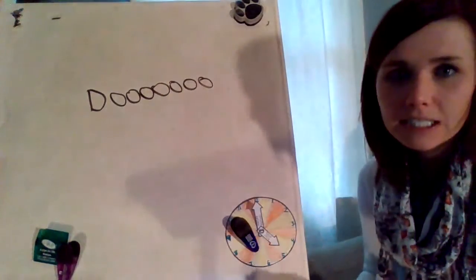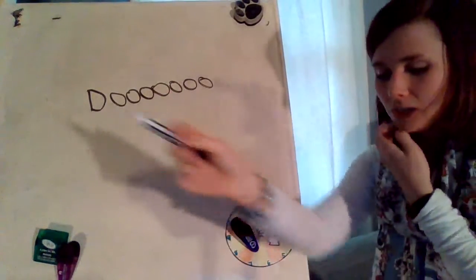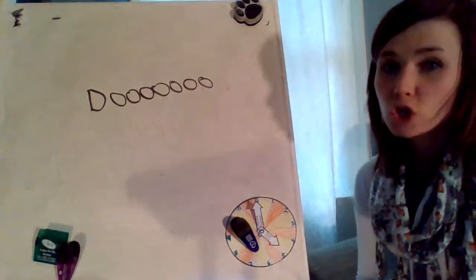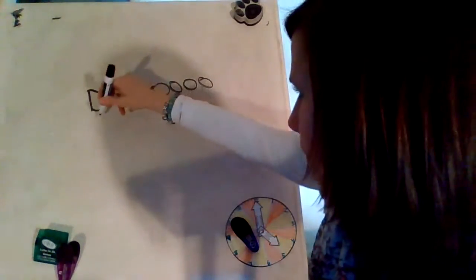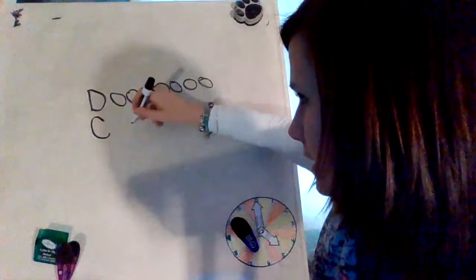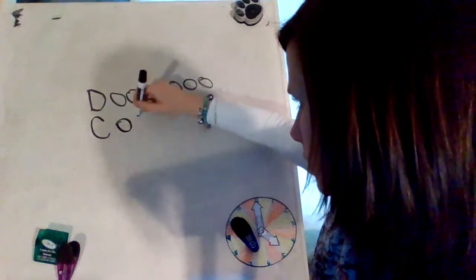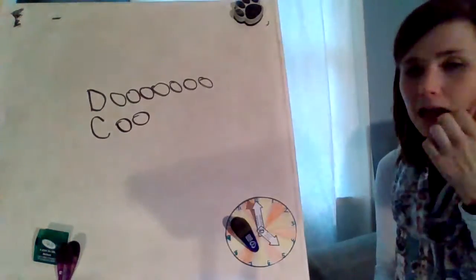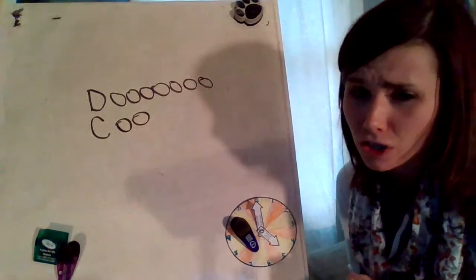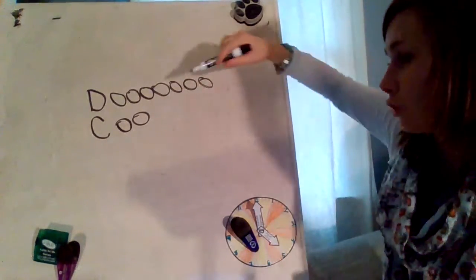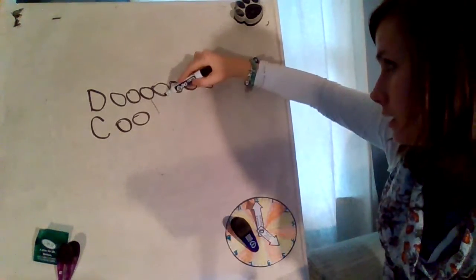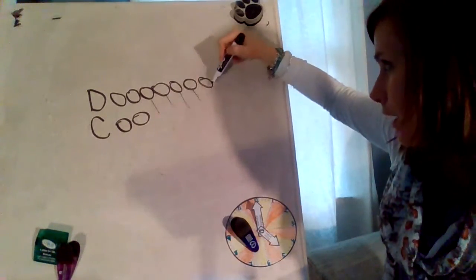There's my 7 digital, D for digital clocks. All right, and 2 circular. Here we go. Circular. So I'm going to write C for circular, and here's my 2 circular. All right, and they want to know how many more digital clocks does she have than circular. Let's see, look at 1, 2, 3, 4, 5.